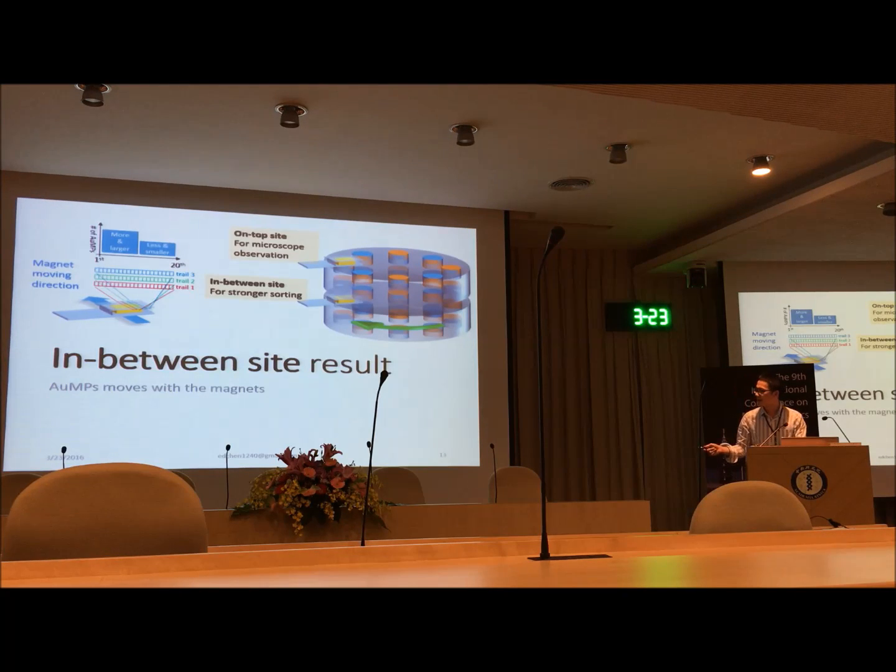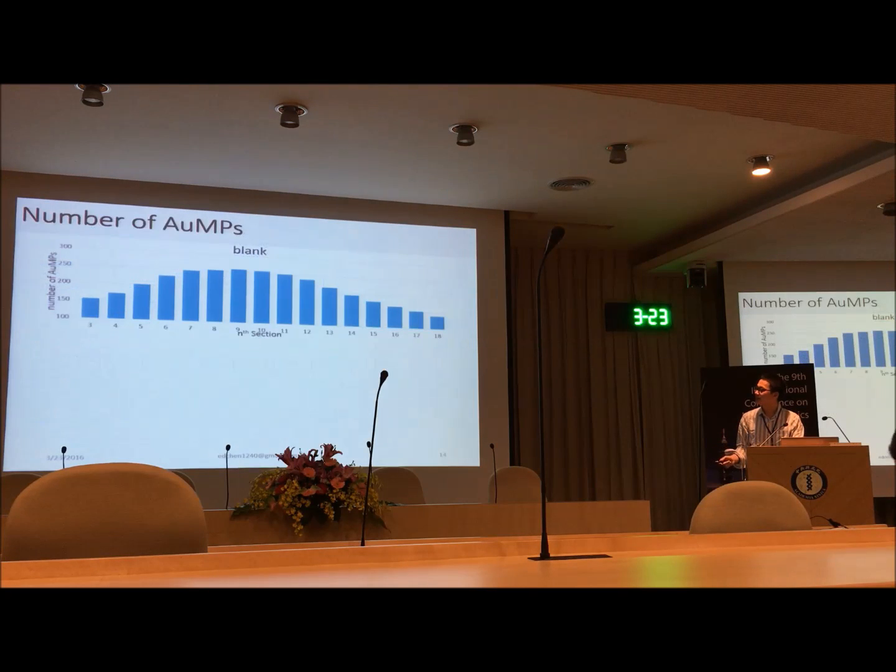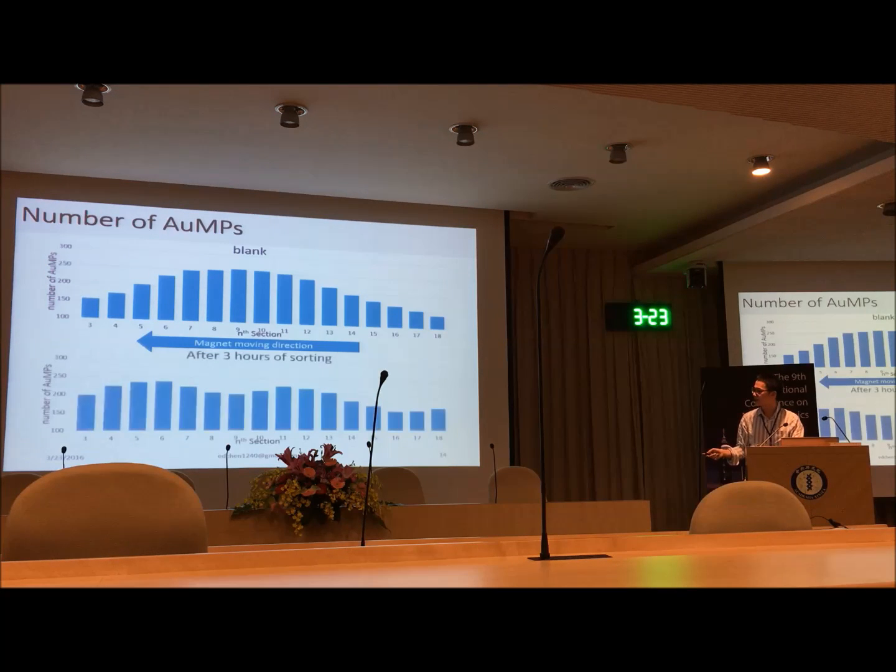Next, I want to show you my in-between site result, in which we put our sample here, and this is a blank test where we calculate the number of gold microplates in each section, and the magnet moves in this direction. So we can expect the following picture will have more gold microplates here. And yes, it does.